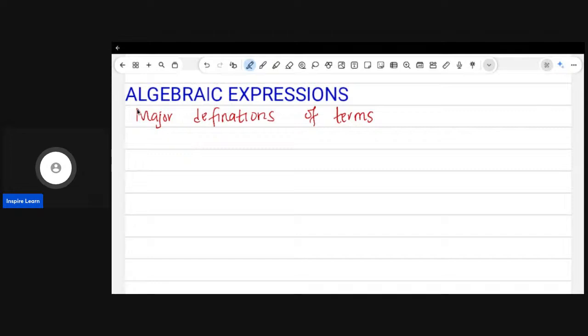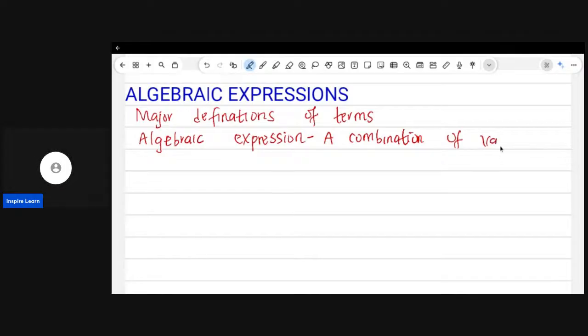When you talk about algebraic expression, you're first going to define what an algebraic expression is. You say that an algebraic expression is a combination of variables, constants and operations.